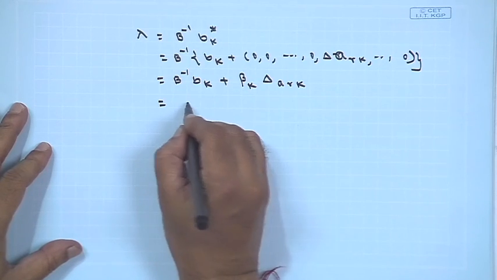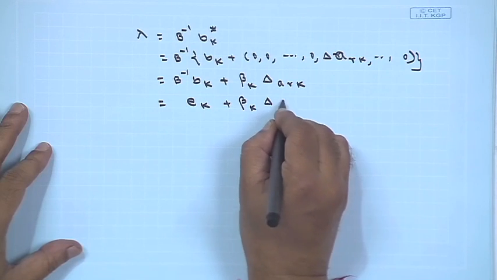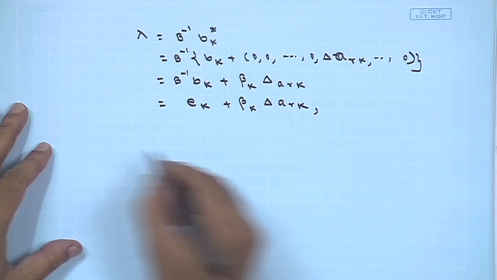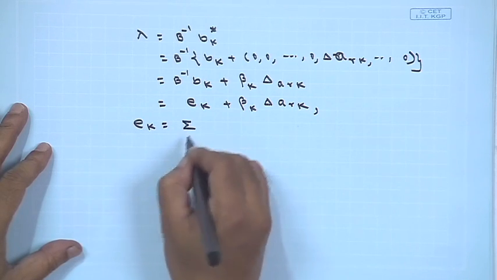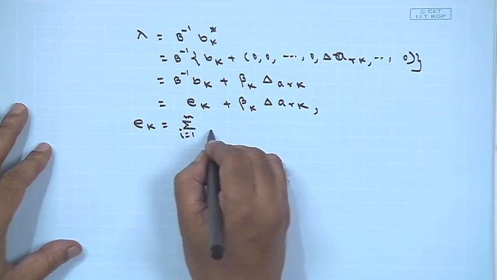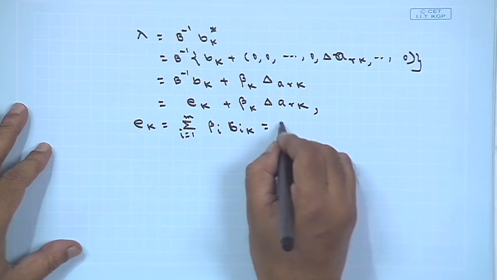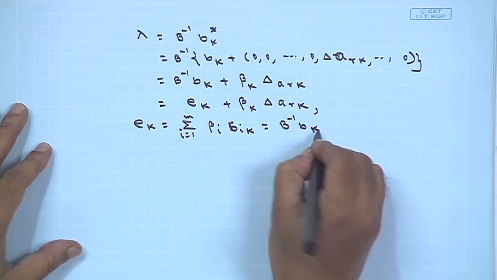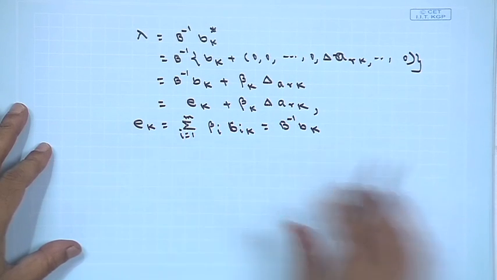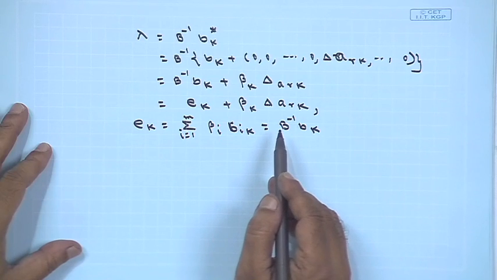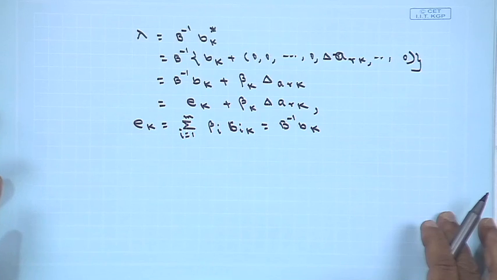B inverse B k is nothing but E k, plus beta k into delta A r k, where E k is summation over i equals 1 to m beta i into b i k, which equals B inverse into B k. So, basically E k is the unit vector whose kth element is 1 and others are 0.